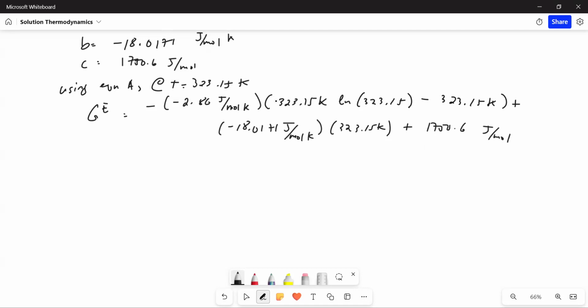Okay, so far our units are consistent, joule per mole. So what we will get here is 344.4 joules per mole. So this is G, excess G.